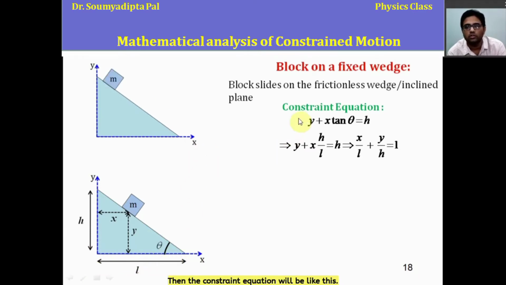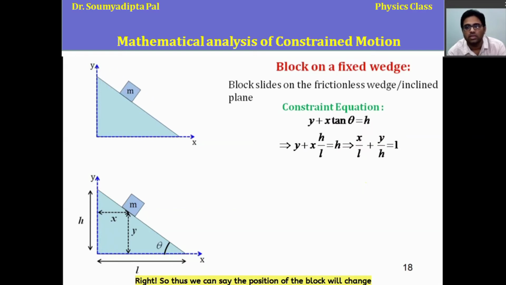Then the constraint equation will be like this: y plus x tan theta, which is this height, will be the total height of the wedge, and that is constant, right?